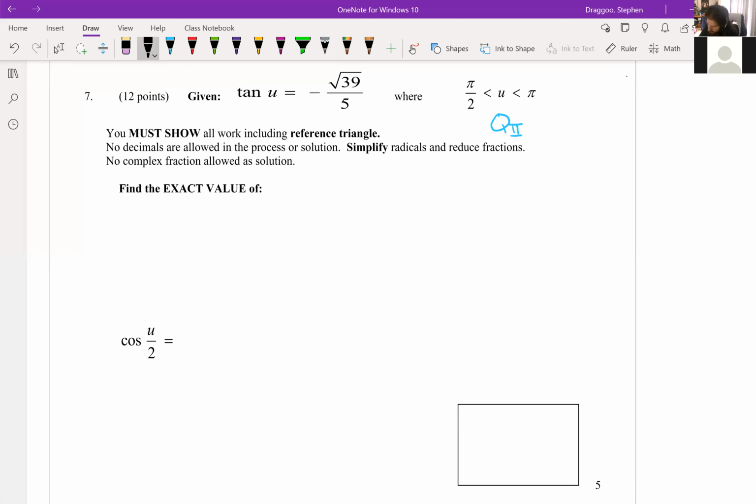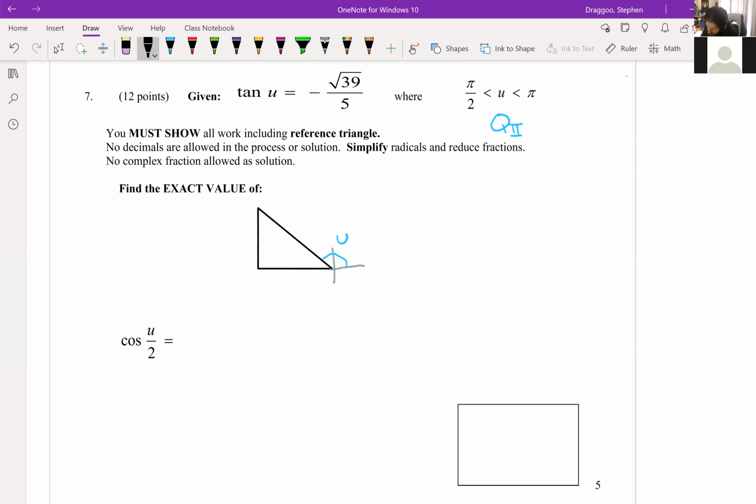So we should make a reference triangle. Like so. There's our angle U. And what else do we need? We're going to want an opposite and an adjacent side.